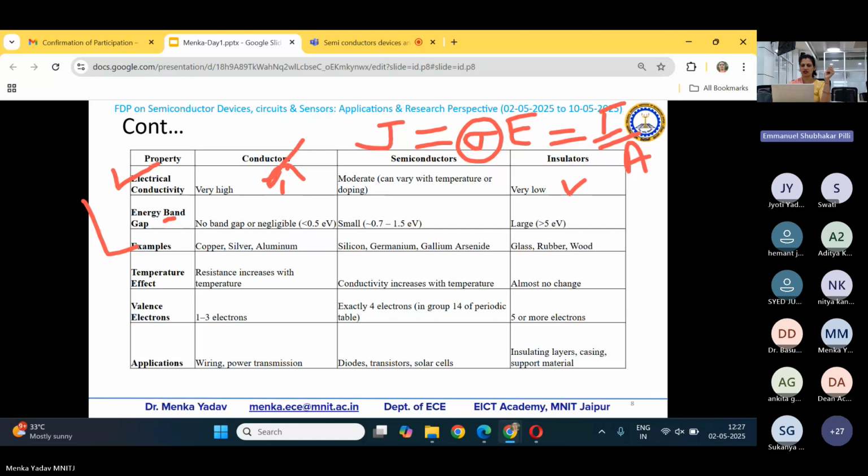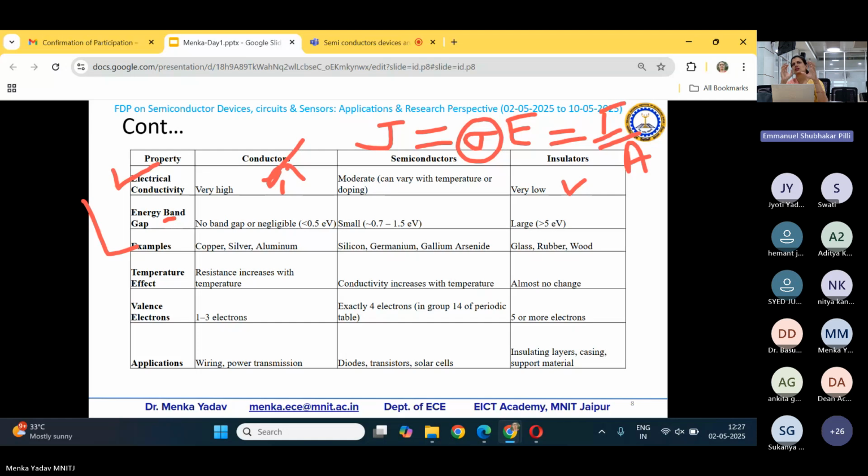What is the temperature effect on these materials? So basically for conductors, we already have an ample number of electrons. So the resistance will keep on increasing with temperature. Why? Because there were already ample electrons. Increasing the temperature means you are giving more energy to the electrons, but that space was already congested.